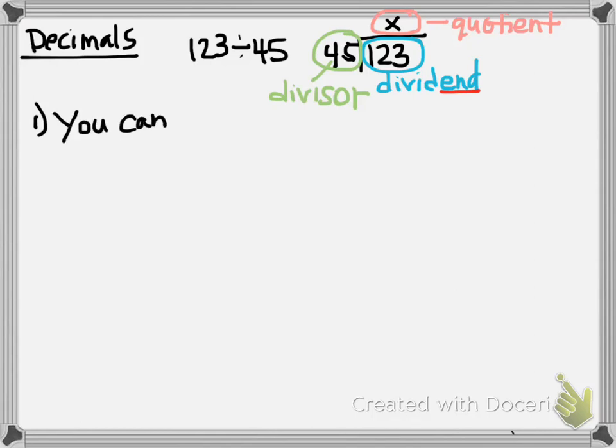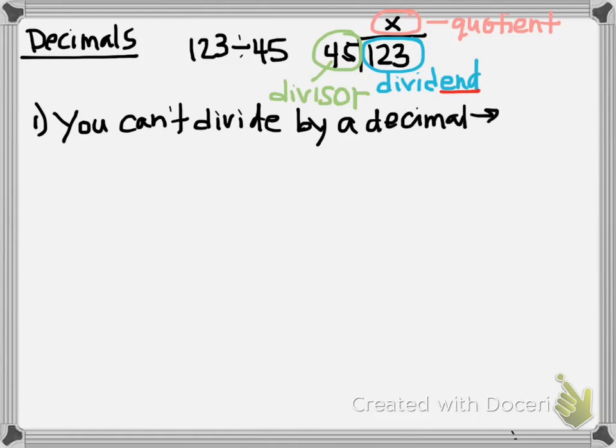Now, number 1, you can't divide by a decimal. In other words, no decimals in the divisor.